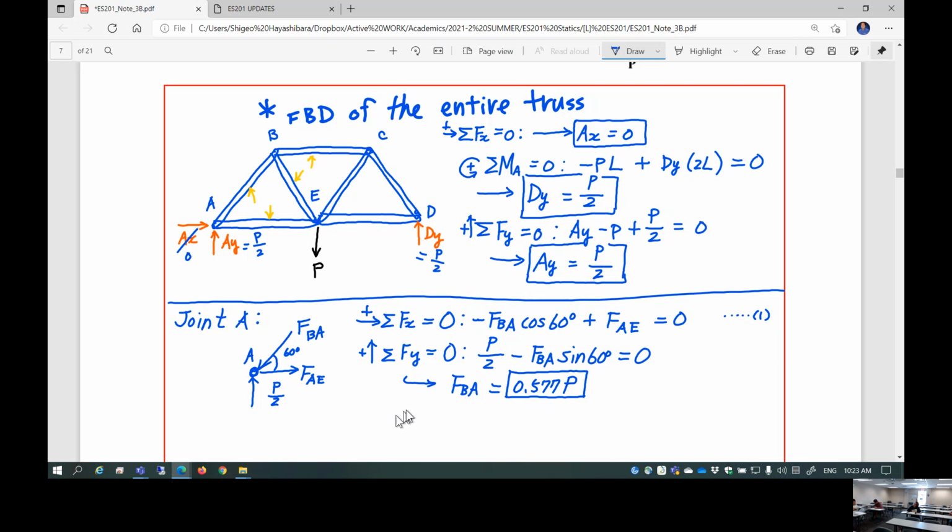Well, now we know FBA. And then this information is going to be plugged back into equation 1.